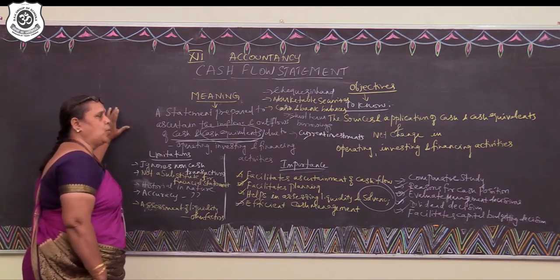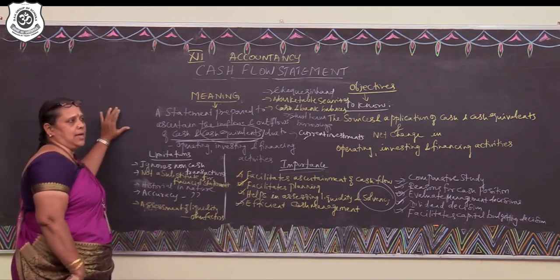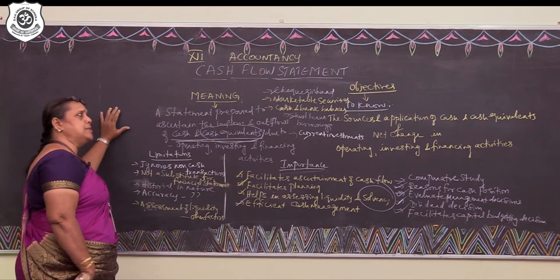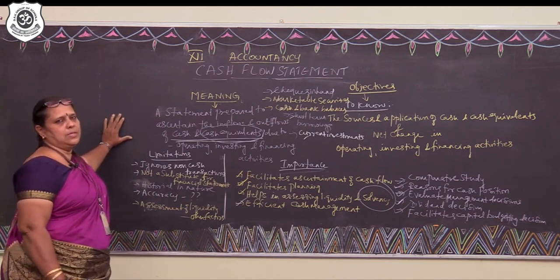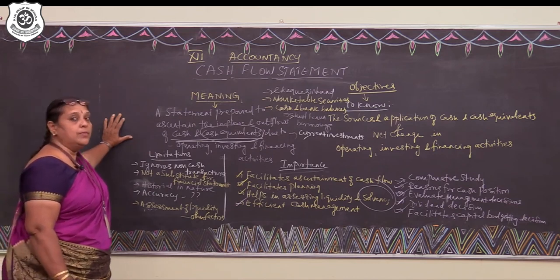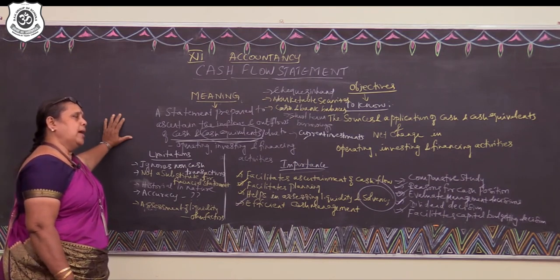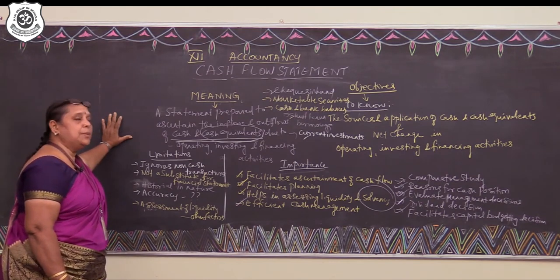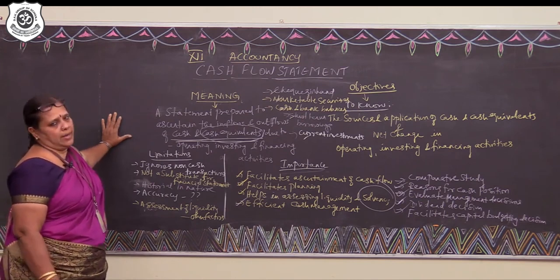Then we discussed what we mean by cash and cash equivalents. The examples are cheques in hand, marketable securities, that means securities in shares, debentures, etc., which can be converted into cash easily. So, marketable securities, cash and bank balances, short-term borrowings and current investments.